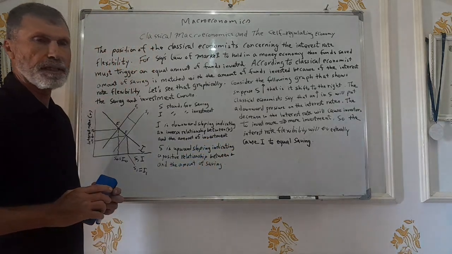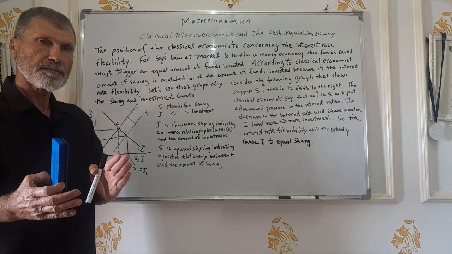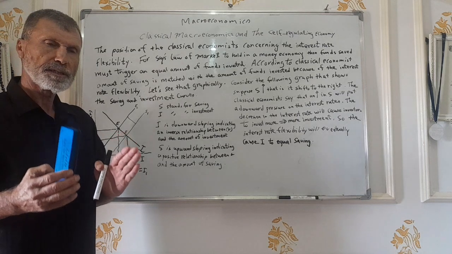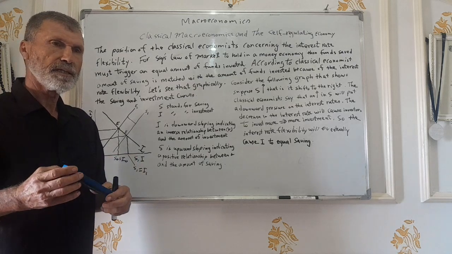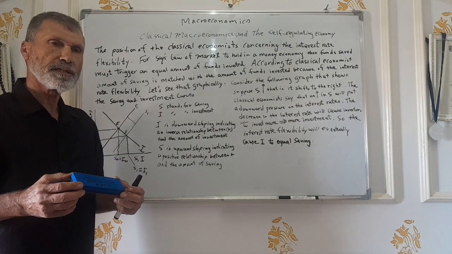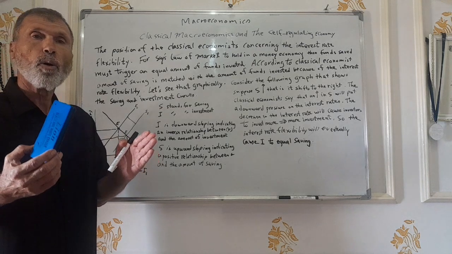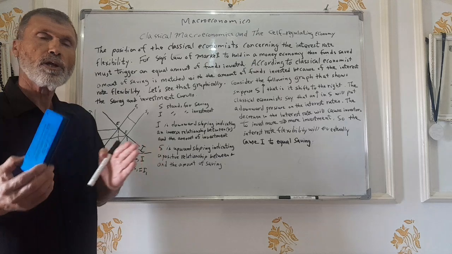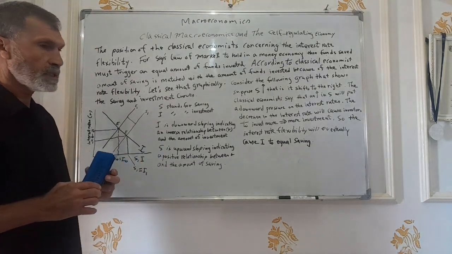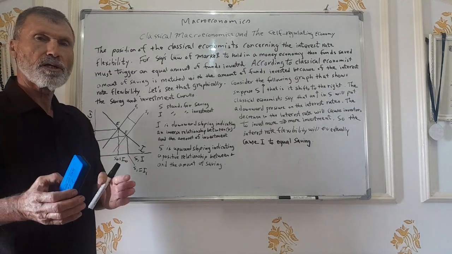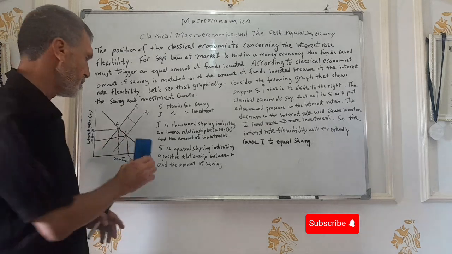Remember, we said that classical economists believe that the interest rate is flexible, and the flexibility of the interest rate will guarantee that Say's law will hold in a money economy. So now we're going to see the position of the classical economists regarding wages and the prices.